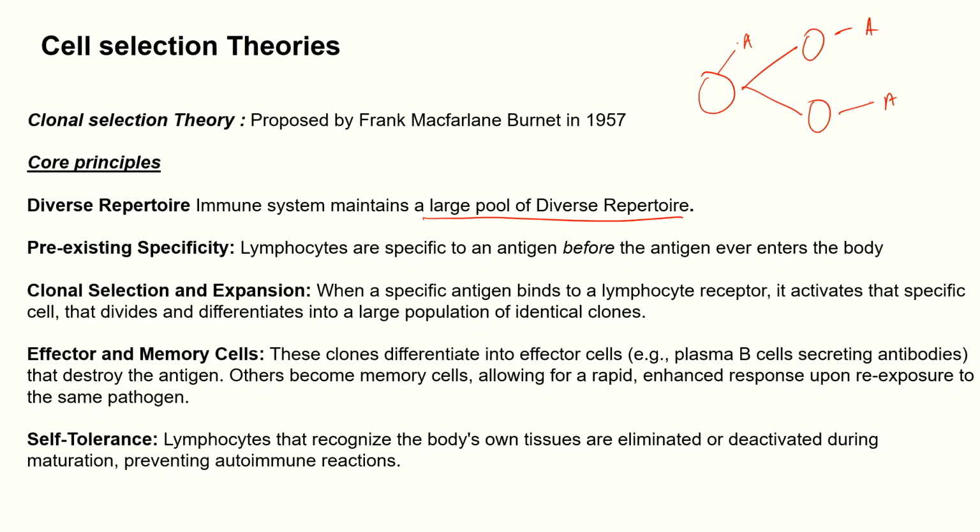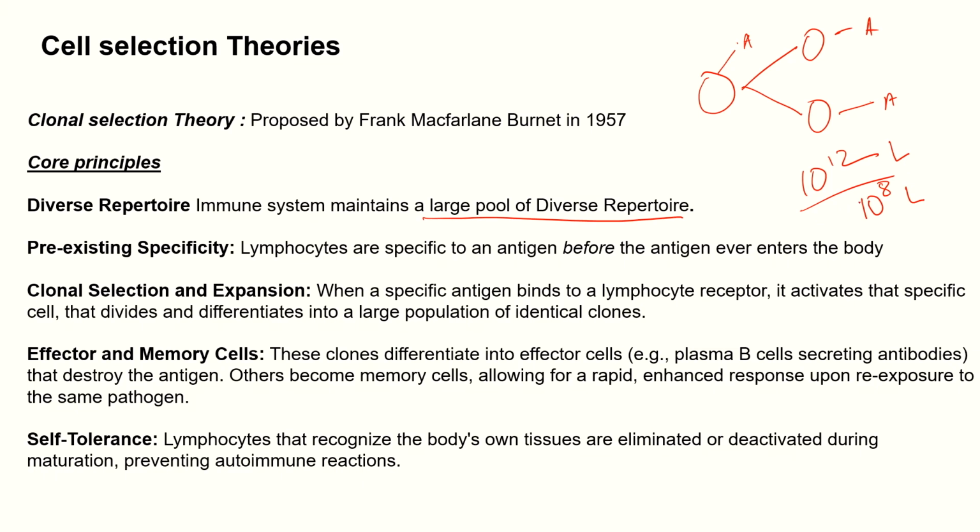In general, the human body contains around 10 to the power 12 lymphocytes, while in the case of mouse it is approximately 3000 to 4000 times lower.